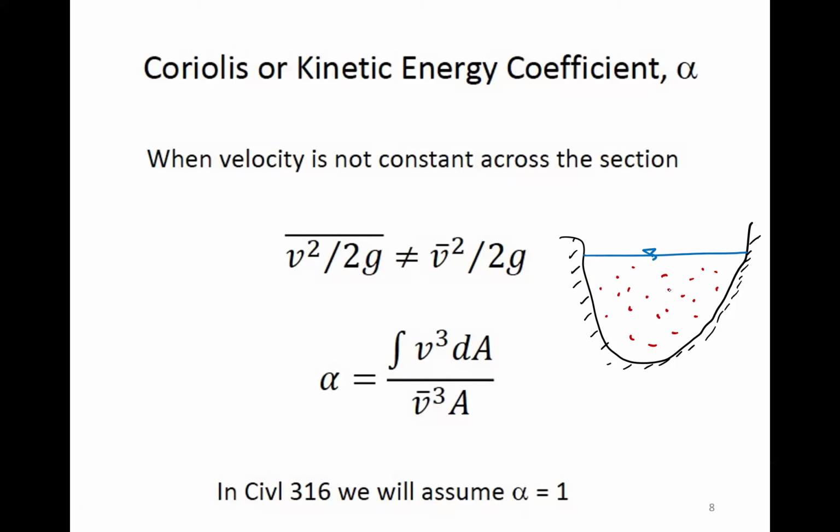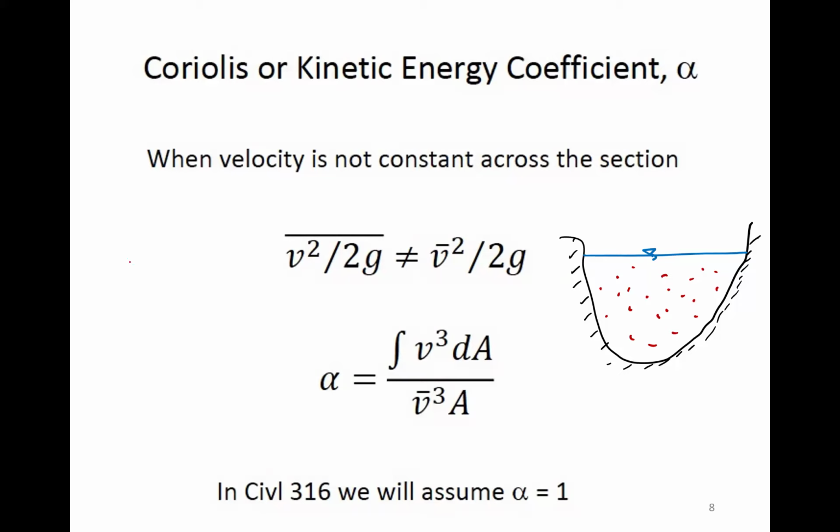Each of these will have a velocity. What the top equation shows is that if you average the velocity heads, v squared over 2g, for all these points, the bar means average, that is not equal to the average velocity squared over 2g.